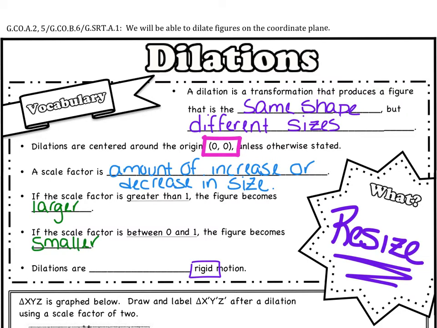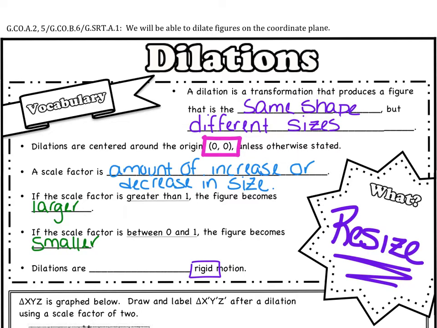Now, on our last bullet, over the last couple days, we've been talking about something called rigid motion. And rigid motion is a transformation where the size and the shape of the figure are maintained. That's what the word rigid means here. So let's think about the definition of a dilation.